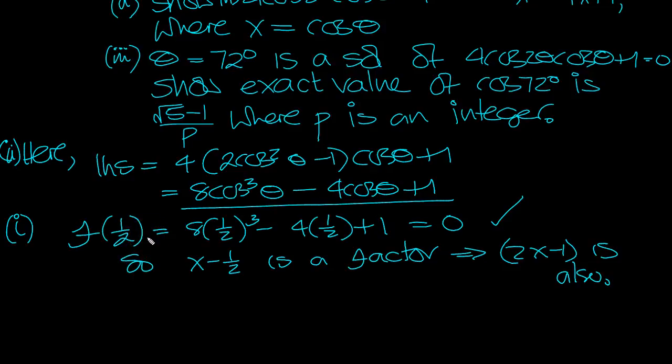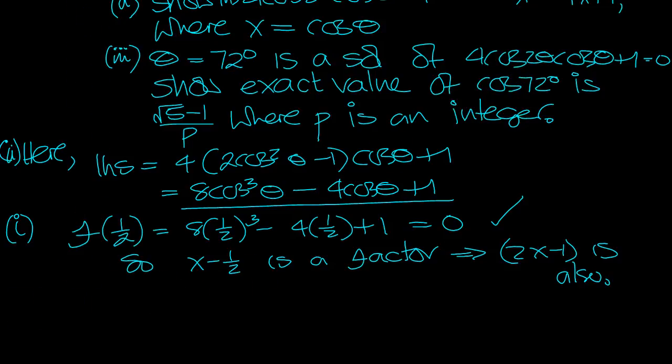Okay, so what have we got then? So cosine theta equals 72 rather, is a solution of this.